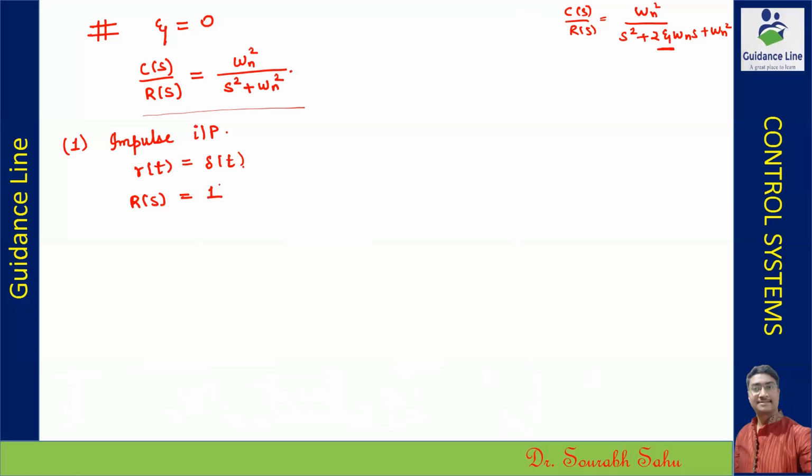So I substitute this particular value in this equation, and we get C(s), which is omega n square over s square plus omega n square.